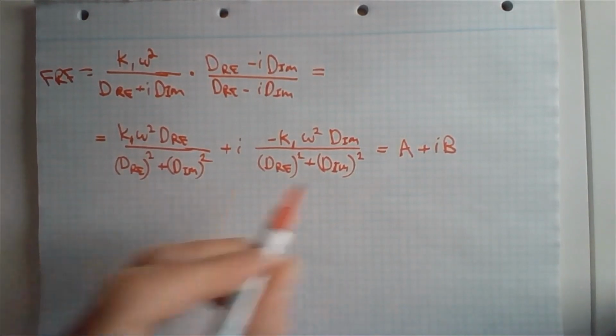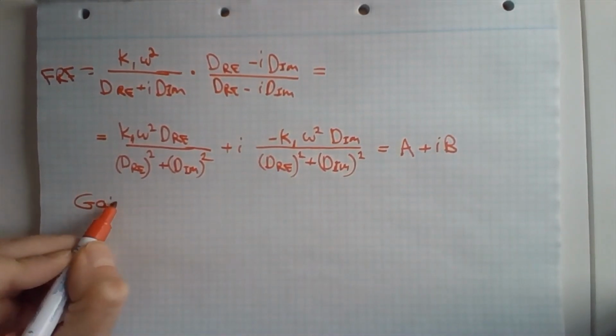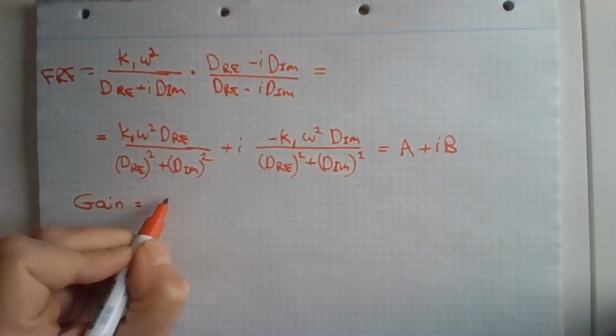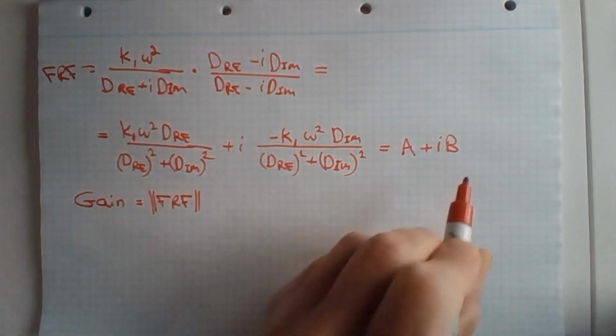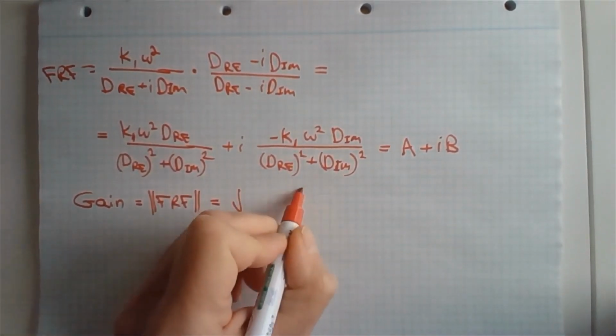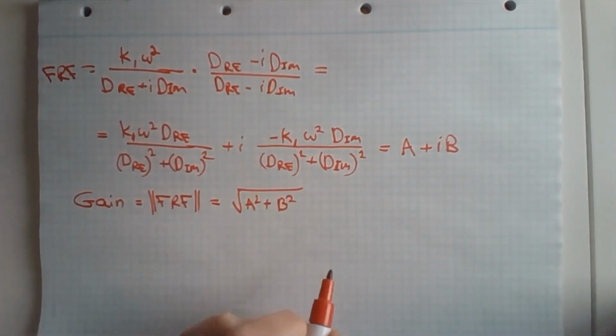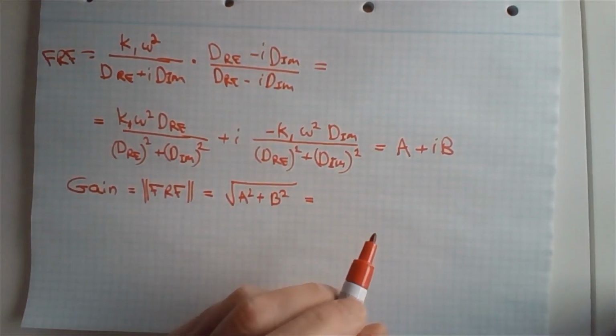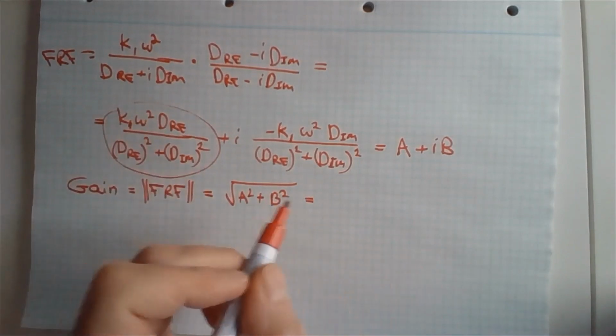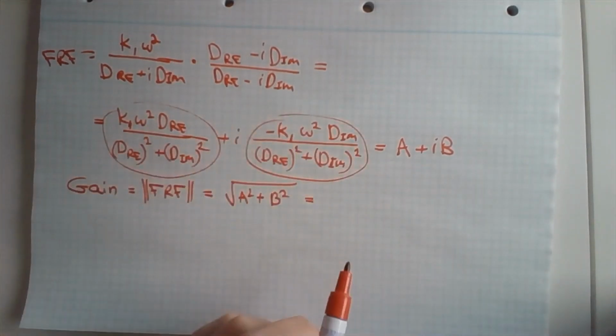And this is looking like a standard imaginary number, A plus IB. Now let's look at the gain of the frequency response. The gain is the size of the imaginary number here. Basically that means A squared plus B squared and then square root over that. And that means taking the first term squared plus the second term squared and then square root over that.